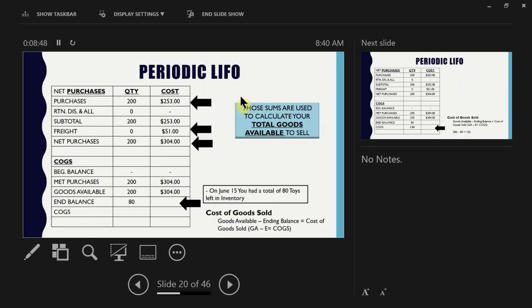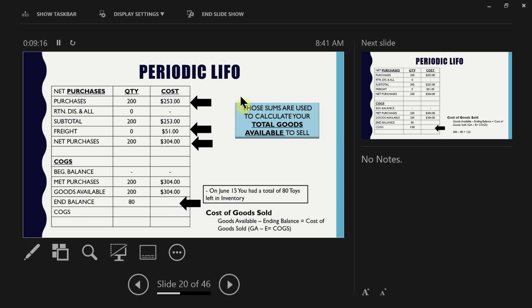So there you go. Now we're going to bring it down and calculate how much total purchases of inventory we actually have. Now again, we're not going to go over purchase returns and allowances until next week. So here we're just going to assume there were no returns. Nothing was wrong with the toys. So we bought a total of 200 at 253.